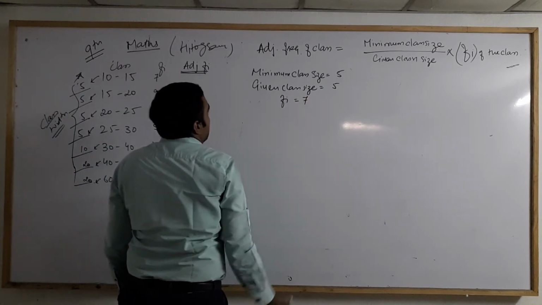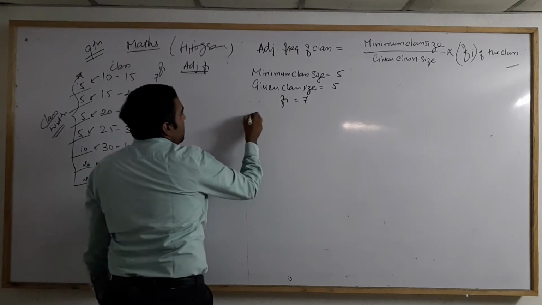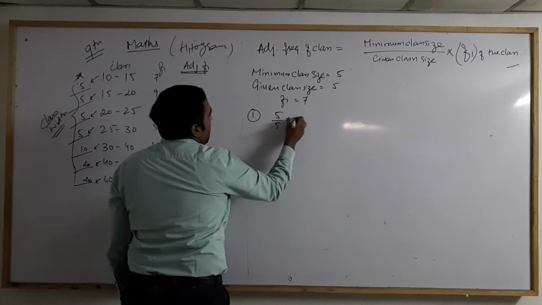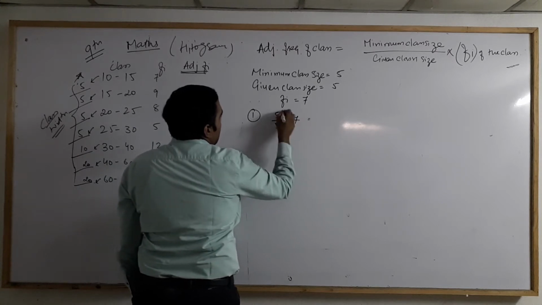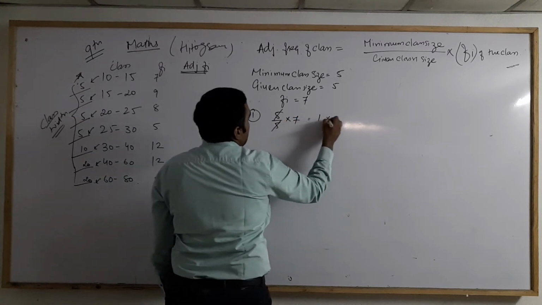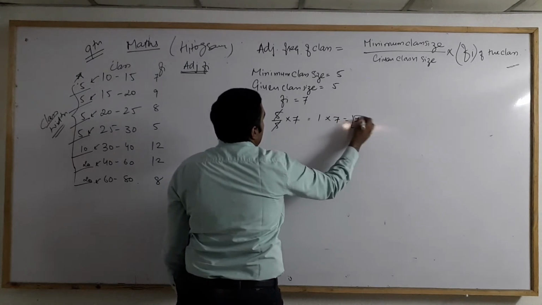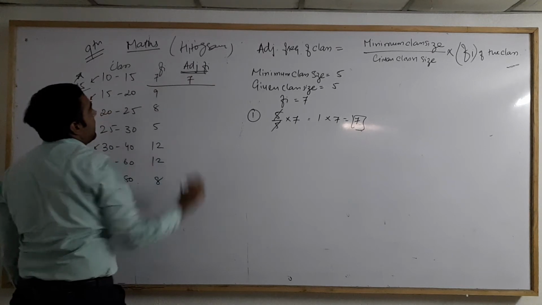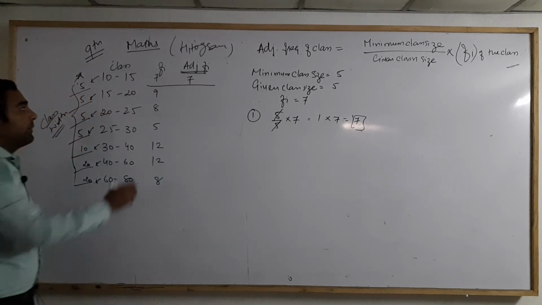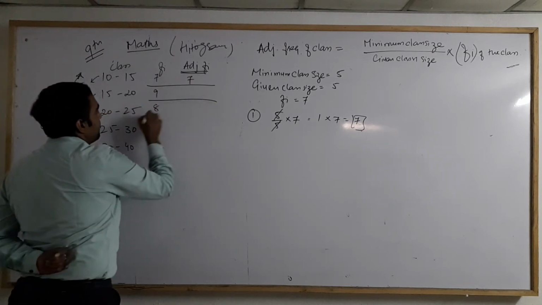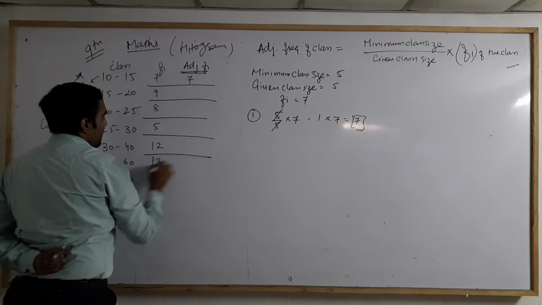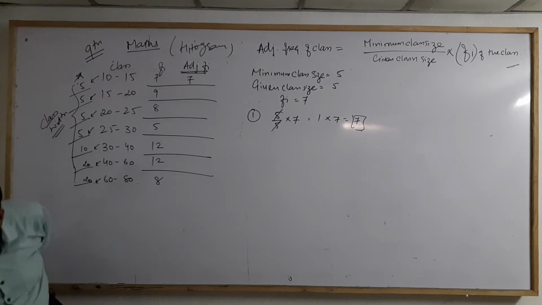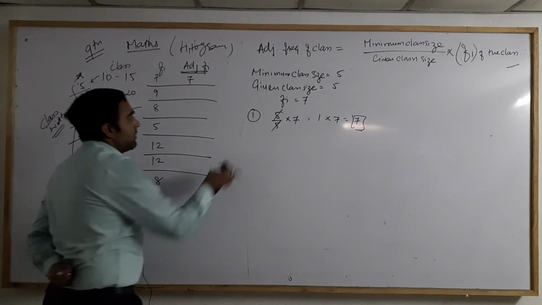So my answer for the first class is 5 by 5 into 7; the 5s cancel out, 1 into 7 is 7. So the adjusted frequency for the first is 7. Now we can continue for all of them, moving on to the second.